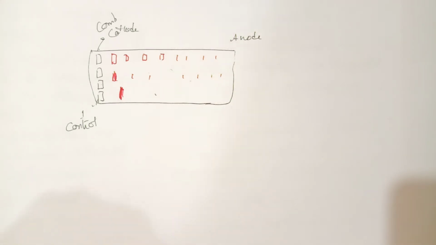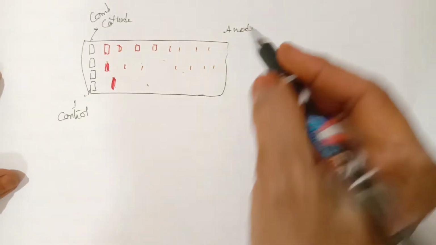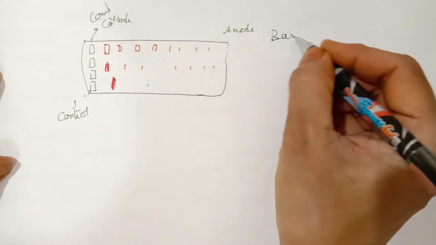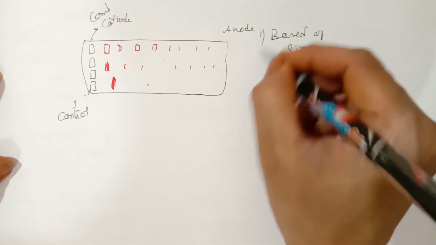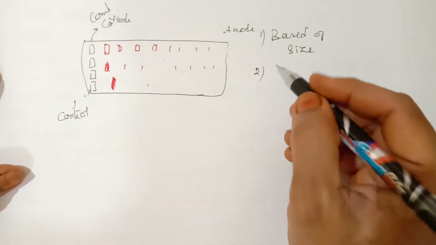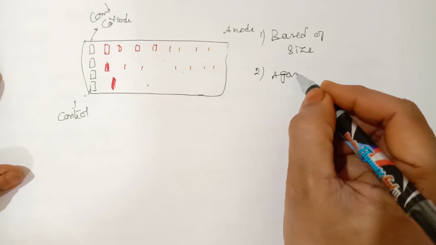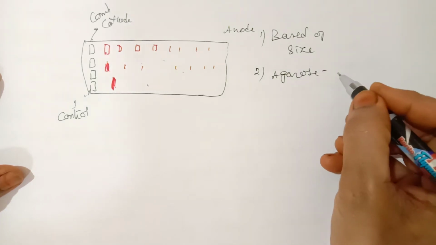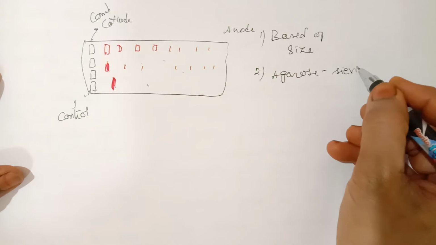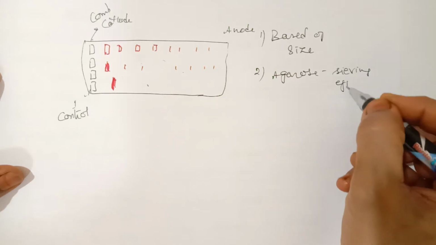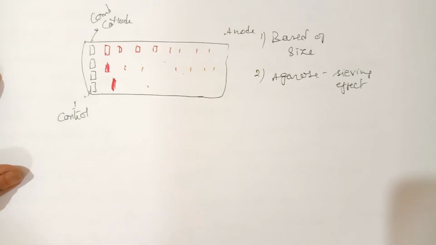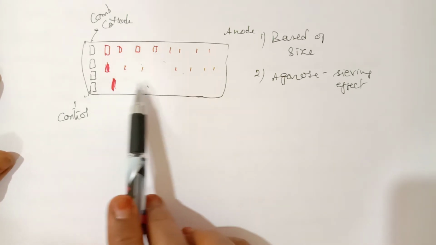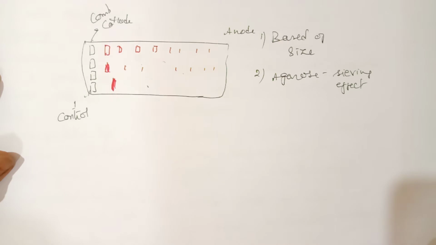So the main criterion for how they move is based on size. This is one point. And this agarose gel gives a sieving effect, so that the fragments can easily pass through.